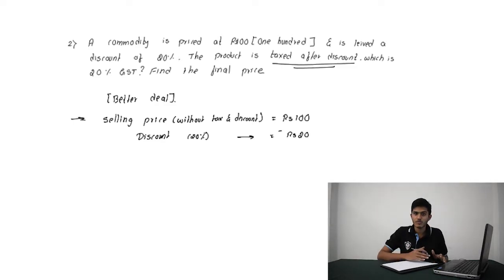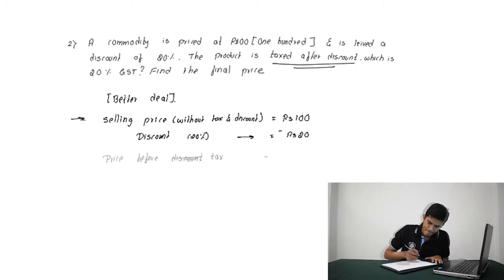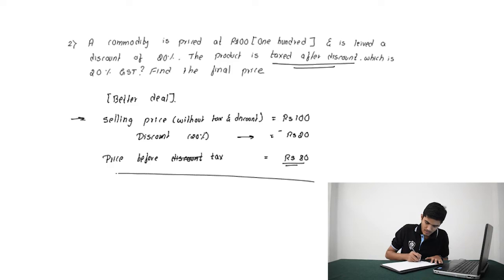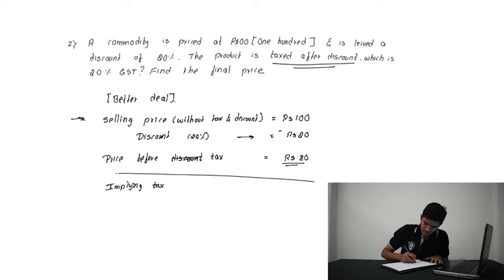Unlike in the previous problem what we saw, previously we had first taxed it and then we had given discount, but now we are actually giving a discount and then we're taxing it. So rupees 80. So now he will be implying the tax. Implying tax of how much? 20%, right? So 20% is rupees 16.